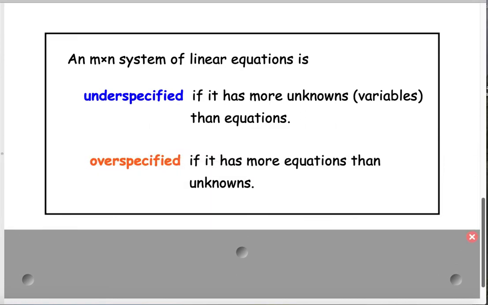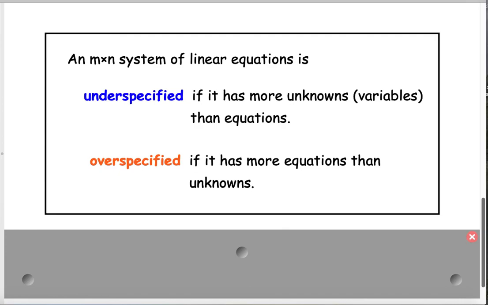And then if there are more equations than unknowns, we would say it's overspecified. You could think even more simply, what if we had 3 equations of 2 variables each? That would be like drawing 3 lines in a plane, or on the Cartesian coordinate plane. With those 3 lines, chances are they are not all going to intersect at one point.